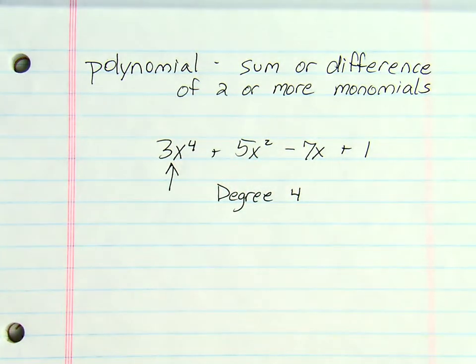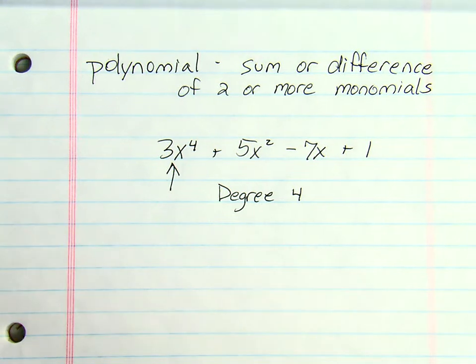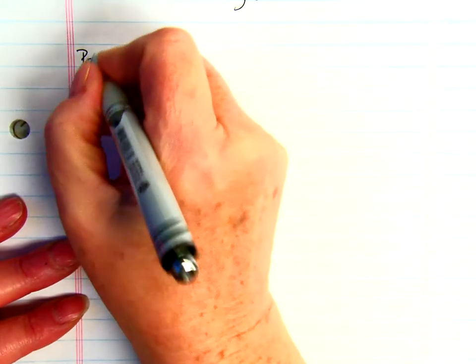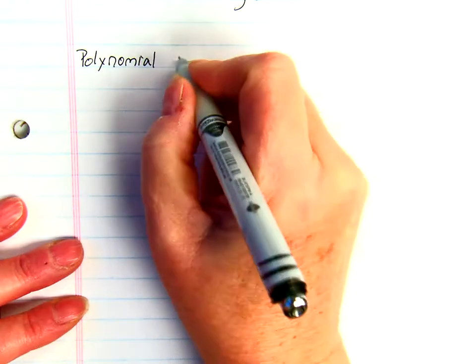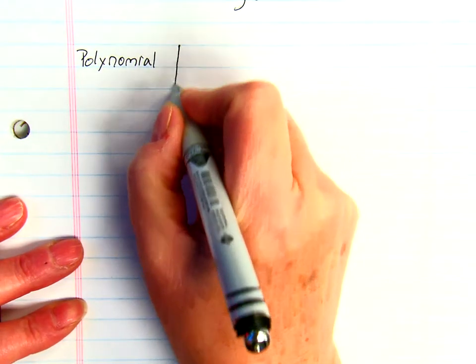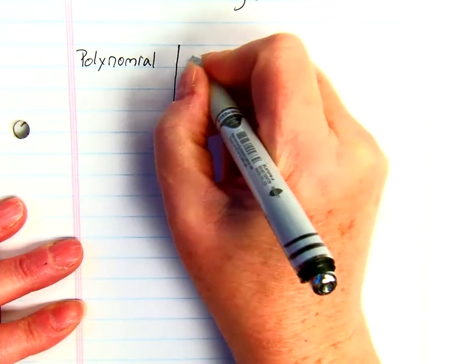And we have specific terms for these things, so we're going to build a little bit of a chart. Let's go down here. We're going to have our polynomials here, polynomial. We will then separate that down by degree.